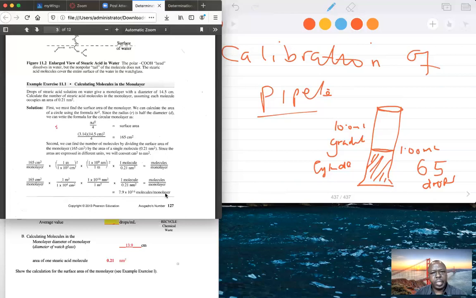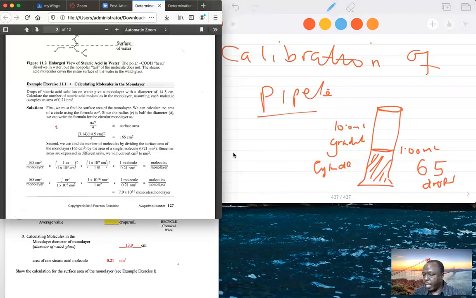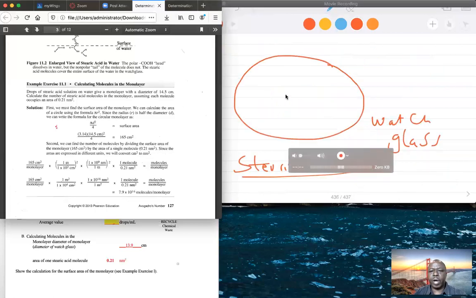Why are we calibrating this? So that we can determine how many drops make up 1 ml. If we know how many drops make 1 ml, we can convert how many ml we use to form the monolayer of stearic acid.